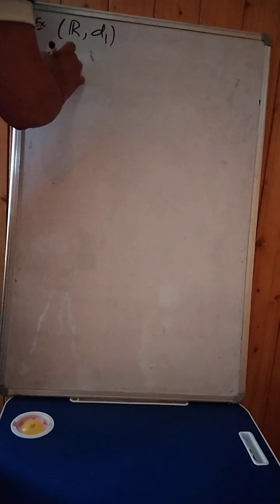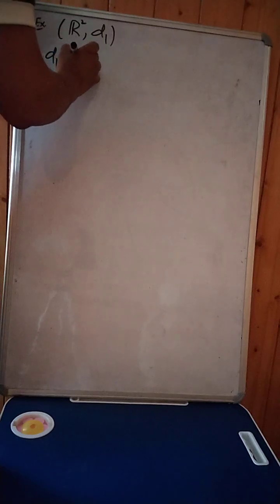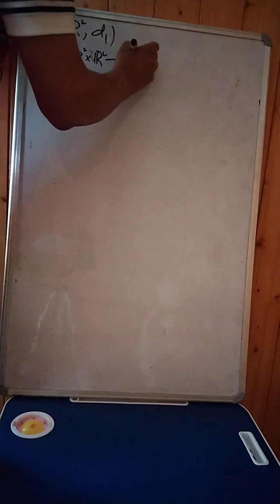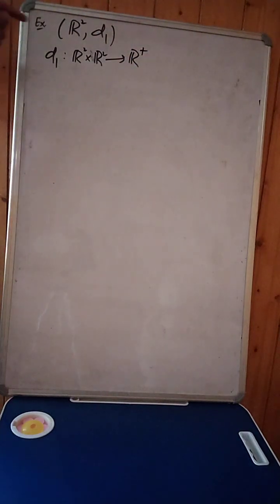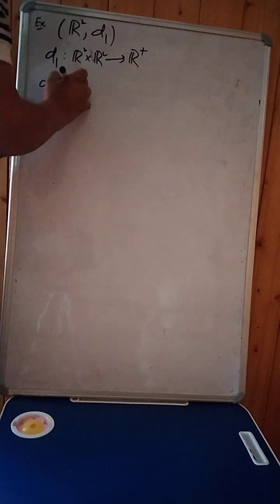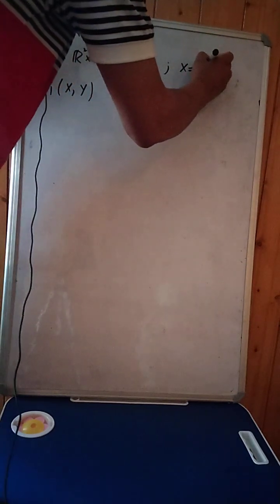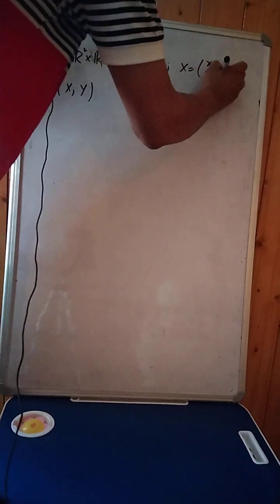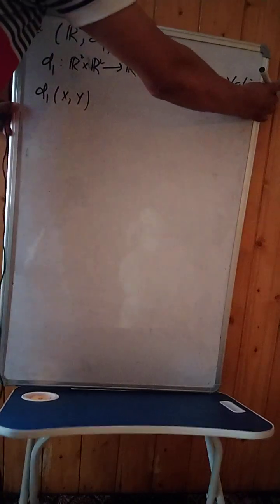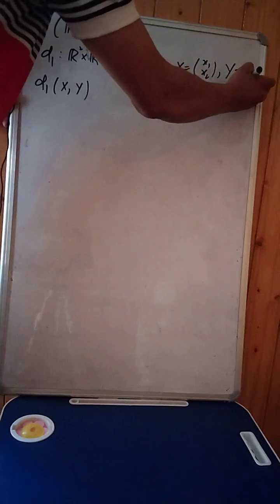So D1 is a metric. This is R² space. D1 is a metric from R² cross R² to R plus, and it is defined like this. Let's take any vector x, where x is x1, x2, and y is y1, y2.